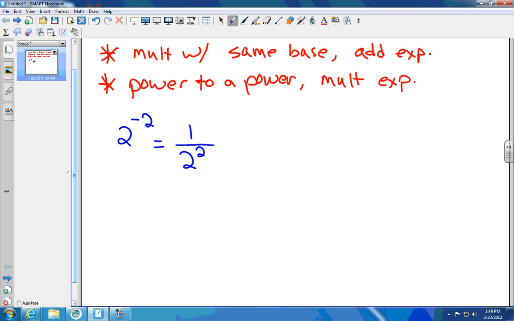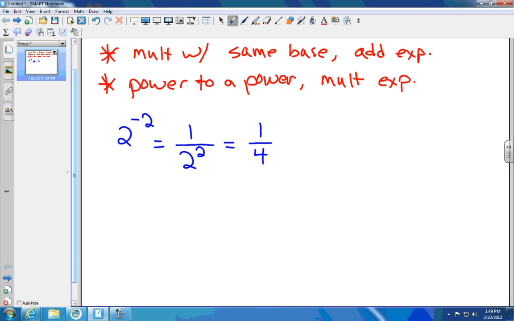Now it becomes positive. So if you have a negative that's in the top, you move it to the bottom. If you have a negative in the bottom, move it to the top. Now you can do 2 squared, which is 4. So your final answer there, 1/4.